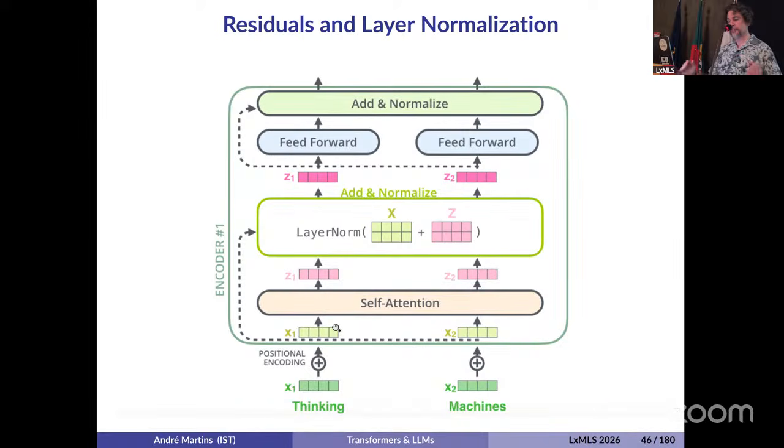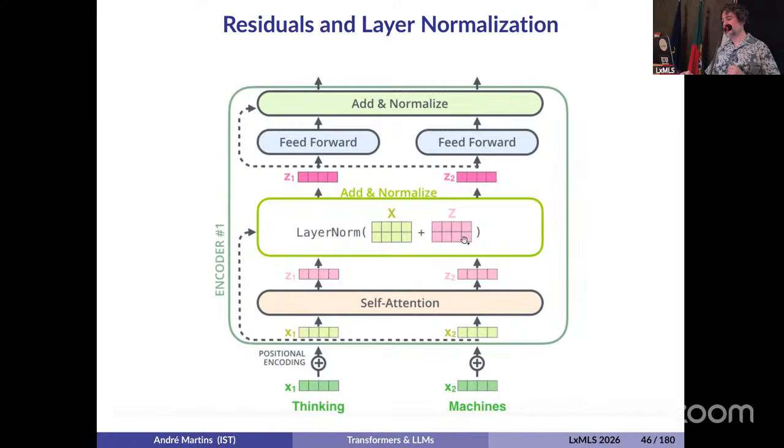Recall that before self-attention, we had embeddings forming a matrix X. Then we did self-attention with multiple heads, and we obtained Z, right? When you learn about feed-forward networks, you learn about layers following each other, so you would expect Z to be the inputs for the feed-forward layers.